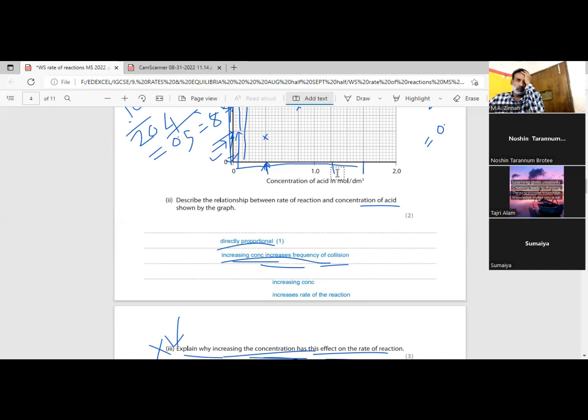Understand? Or you can write rate of the reaction is directly proportional to increasing concentration. এভাবে লেখা যেতে পারে, শুধু ডাইরেক্টলি প্রপোর্শনাল না। Rate of the reaction is directly proportional to concentration.